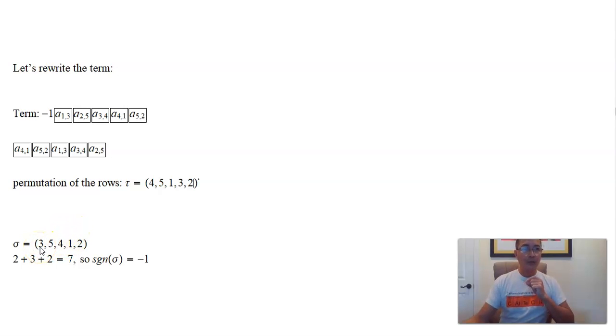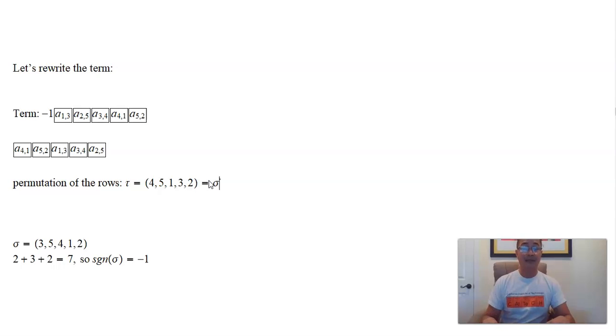In sigma, 1 goes to 3. Where does 3 go to? Oh, it goes back to 1. In sigma, 2 goes to 5. Where does 5 go? Ooh, back to 2. 3 goes to 4. 4 goes back to 3. 4 goes to 1. 1 goes back to 4. 5 goes to 2. 2 goes back to 5.